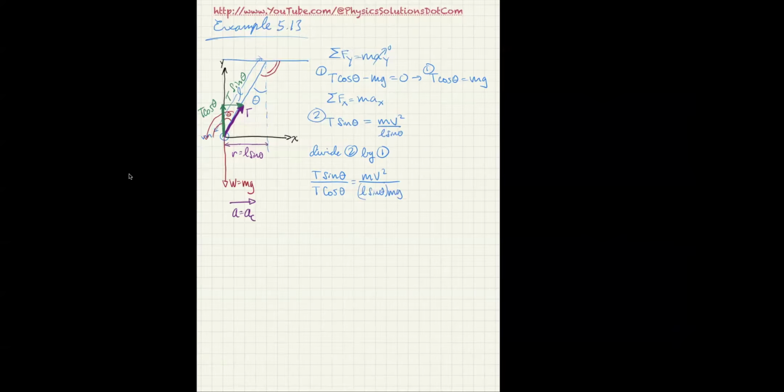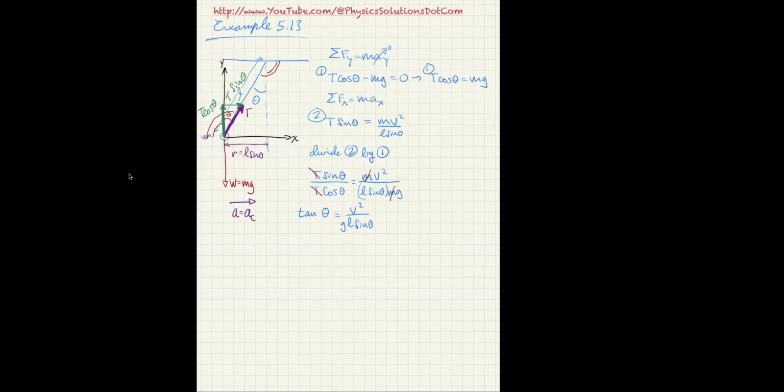And you can see from that that the m's are going to cancel out. Not only that, you see that the T's cancel out. So now what we have is tangent theta, because sine over cosine is tangent. So tangent theta is equal to v squared over g times L times the sine of theta, like that.